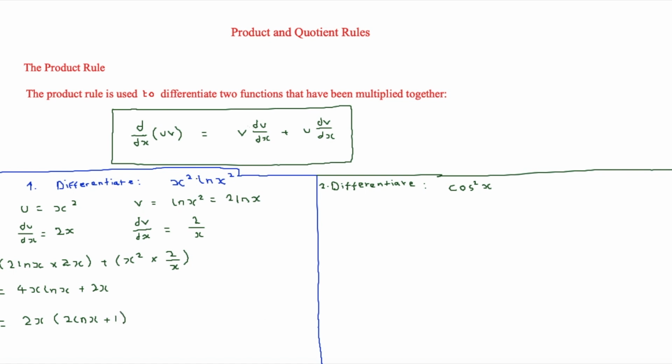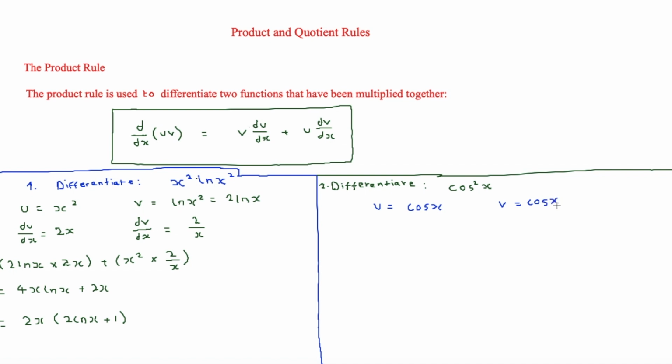So the next question is asking us to differentiate cos squared x. And again, we're going to be using the idea of trigonometric functions here. And both u and v are going to be equal to cos x, as cos squared x is simply cos x times by cos x. So u is there, and v is equal to cos x as well.